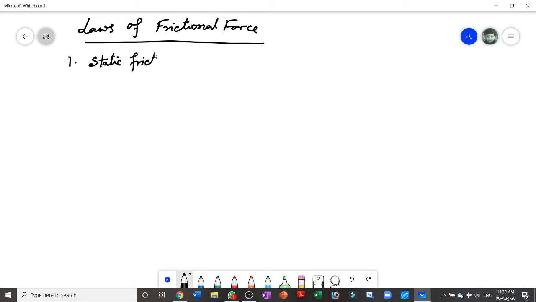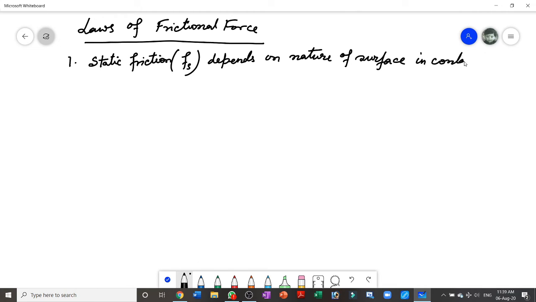That means Fs depends on the nature of the surfaces in contact. This is the first law. You have to remember all these laws, okay?